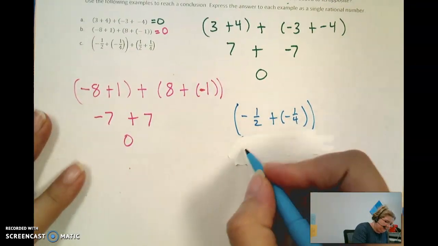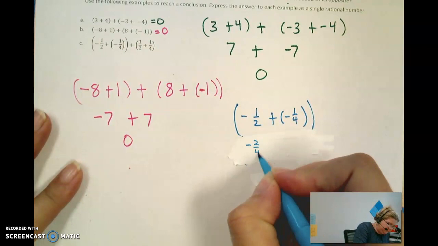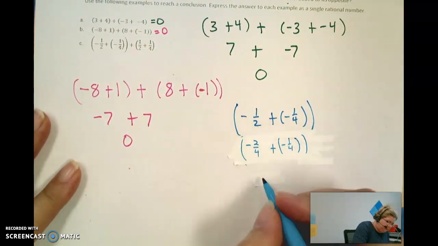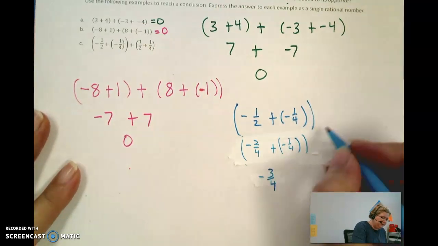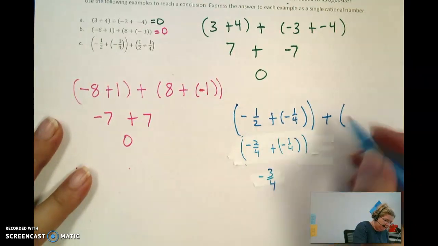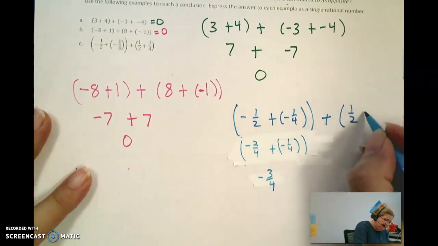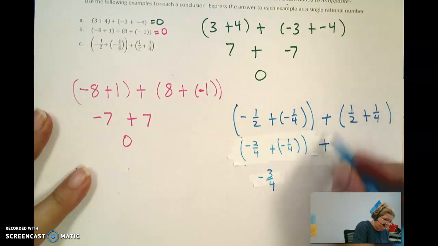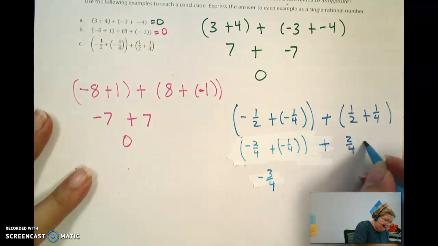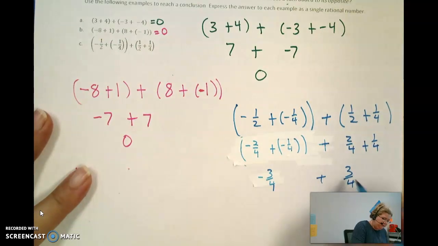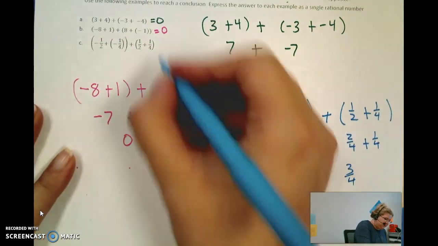So here I need a common denominator. That would be negative 3/4. And then the opposite of negative 1/2 is 1/2. The opposite of negative 1/4 is 1/4. So, common denominator again. Negative 3/4 plus 3/4 is 0.